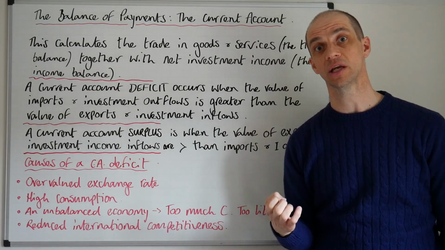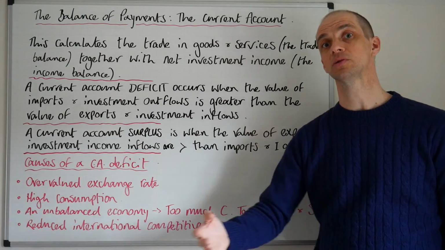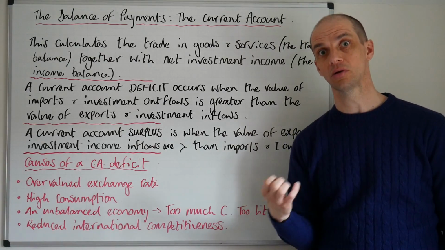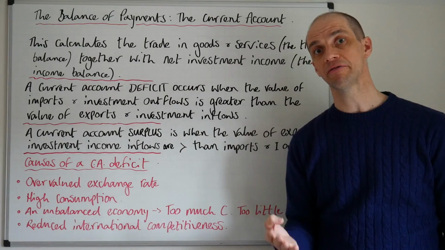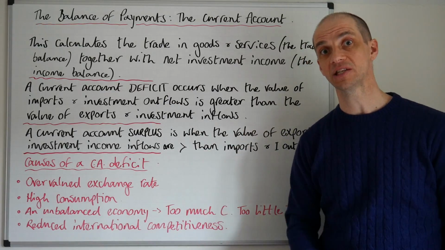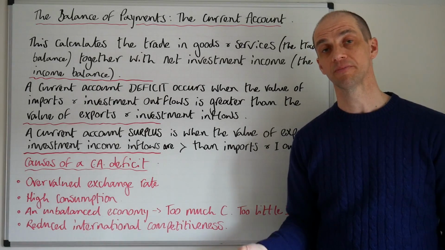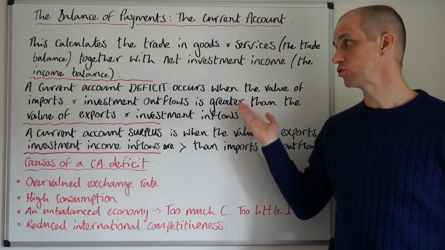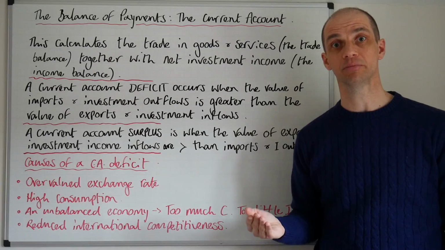So those investments overseas will not be bringing you lots of income, and so therefore it can be about an inadequate amount of investment in overseas markets. Okay, so that can also contribute to your current account position.